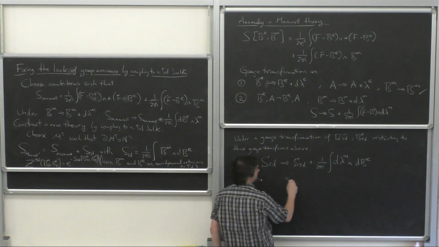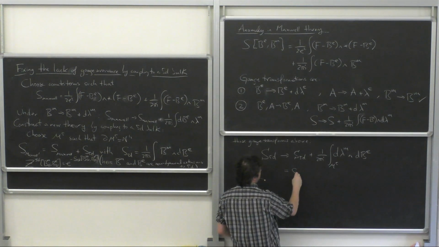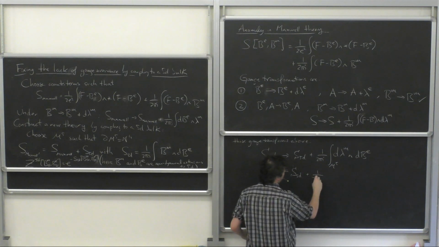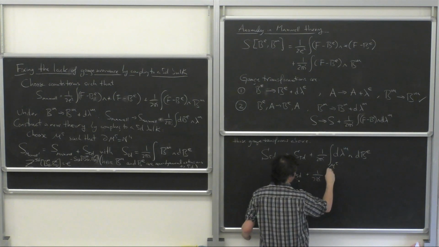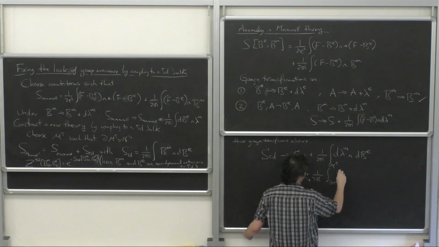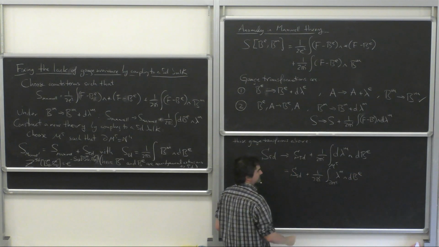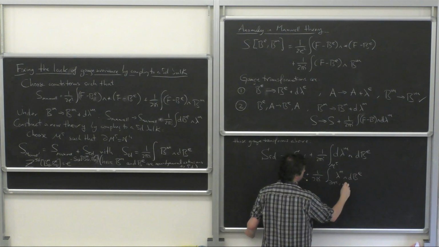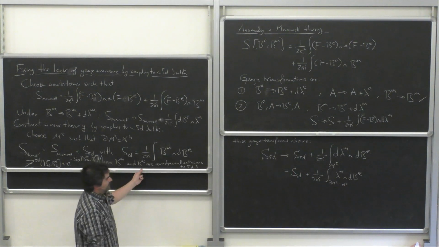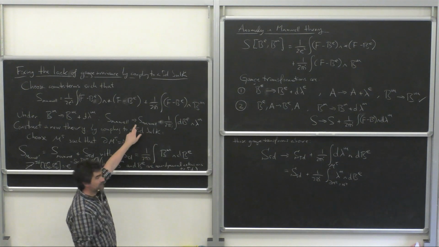So I can write this, and this is over M5, as S_5D plus 1 over 2 pi i, use Stokes, integral over the boundary of M5 of lambda_M, which, dB. And that variation of the 5D action exactly cancels the variation of the Maxwell action.